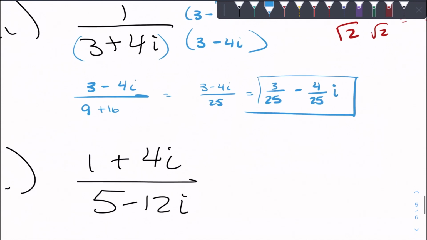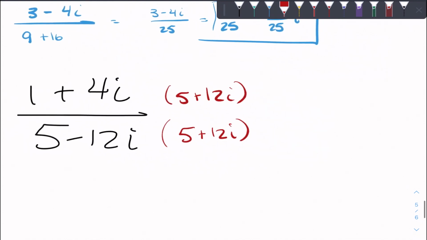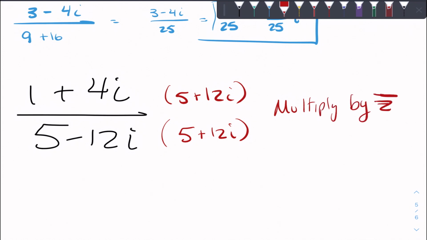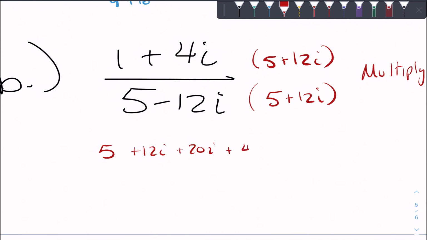And if you know how to realize, then division is just a similar process. So we will multiply the numerator and denominator by the conjugate. So in my numerator, let's just brute force this. 1 times 5 is 5. 1 times 12i. 4i times 5 is 20i. 4 times 12 is 48i squared over 25 minus 144i squared.